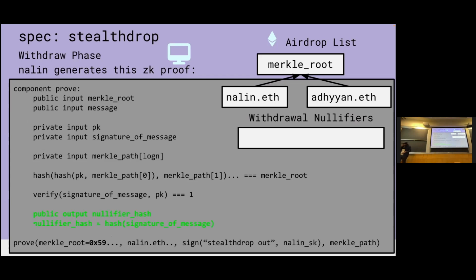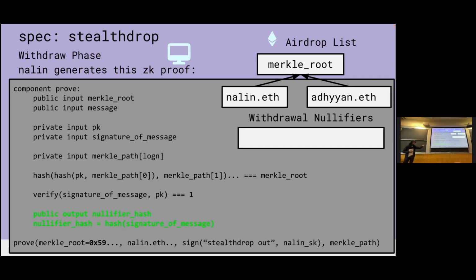Now, the naive way to do this nullifier hash calculation is you just hash the signature of the message. This is a little bit different than the nullifier calculation we've done before, but let's think about whether it gives us the properties we want. The hash of the signature of the message would allow us to say, if I have only this nullifier hash, I can't figure out what the signature is because I can't reverse engineer this hash.